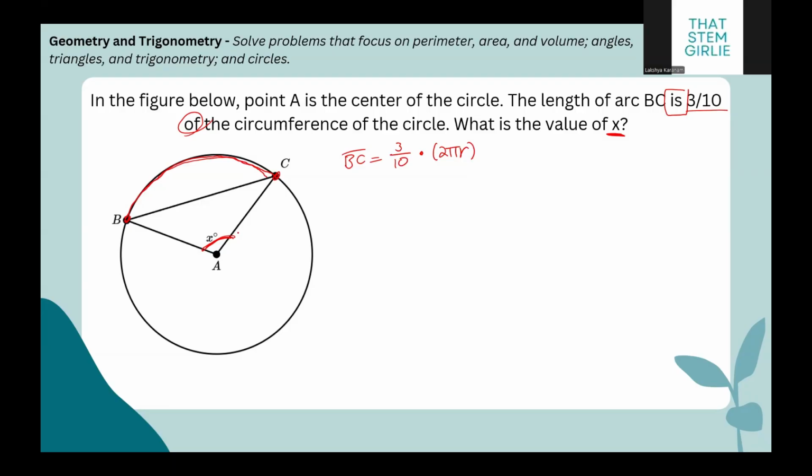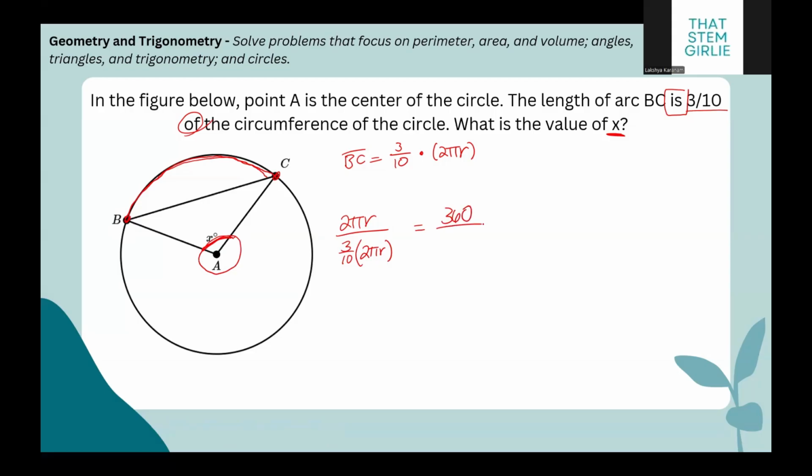So let me go ahead and set up this proportion to show you. We know that the total circumference of the circle is 2 pi r, and we know that this arc length is 3/10 of 2 pi r. Now the total number of degrees in a circle is how many? 360 degrees, right?